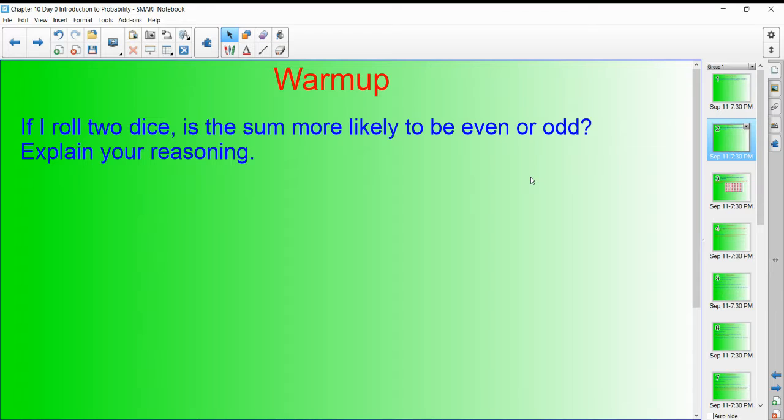Well, if I look, the sums could be 2 through 12, 2, 3, 4, 5, 6, all the way up to 12, and there's more even sums. And then some people argue, well, 7 is the most popular number when I roll two dice. So since 7 is odd, the sum is more likely to be odd.